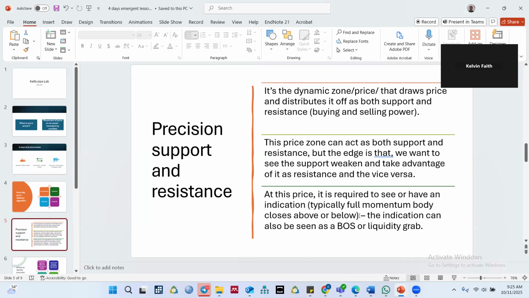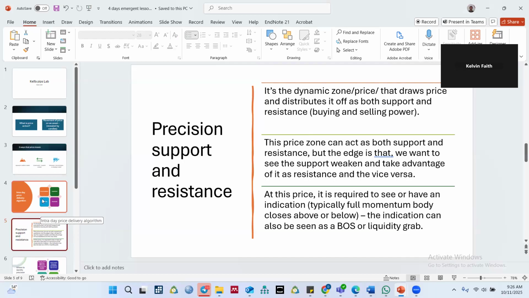That will give us the intention or the information as to what decisions we should make in terms of buying or selling. The indication can also be a break of structure or a liquidity grab or liquidity distribution around that particular price.